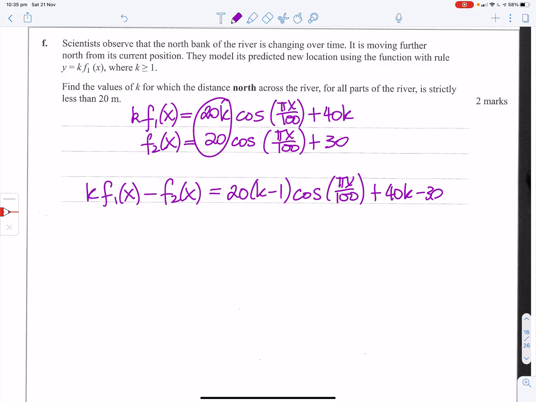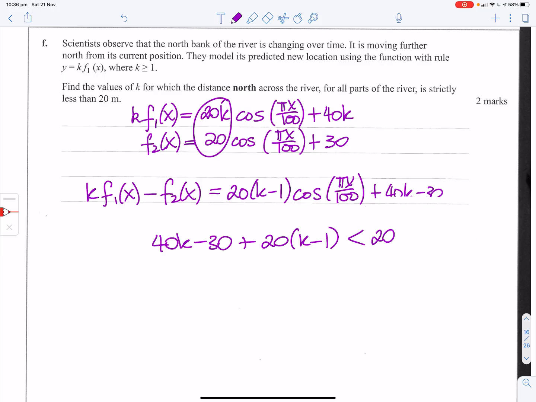We want all parts of the river, the distance to be less than 20 metres. We know the maximum distance is the center of the graph plus the amplitude, and we want it to be less than 20, and we know that k is positive, so it can only go upwards.